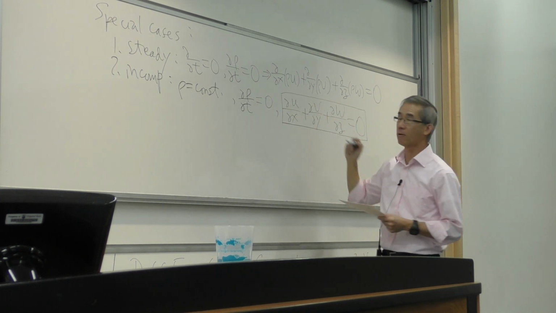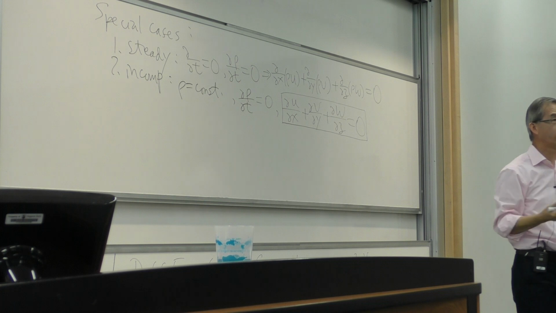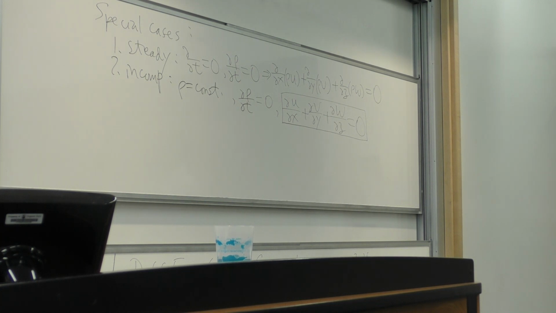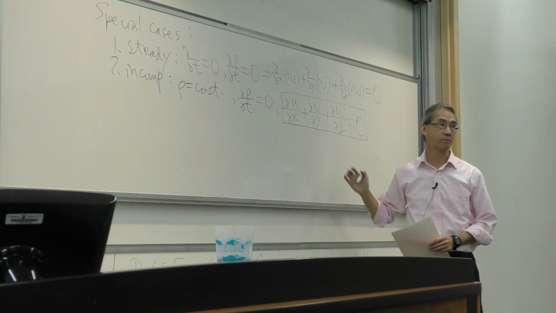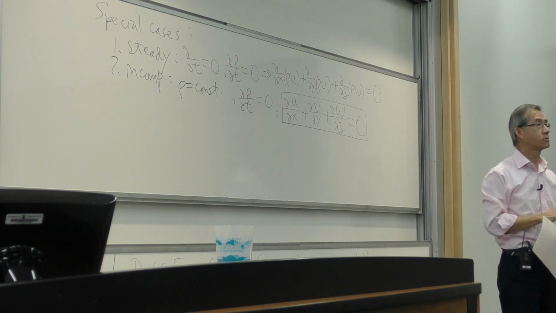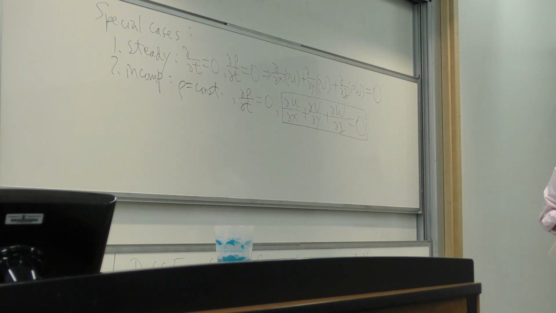And the last form is what we will use when we come back from Thanksgiving, to solve the boundary layer flow, because we are always assuming steady flow and constant density. So this reduced differential equation of continuity is one of the starting equations that we have to satisfy.